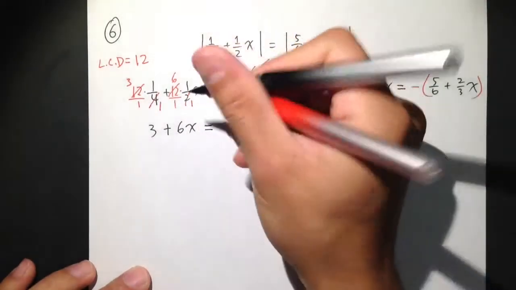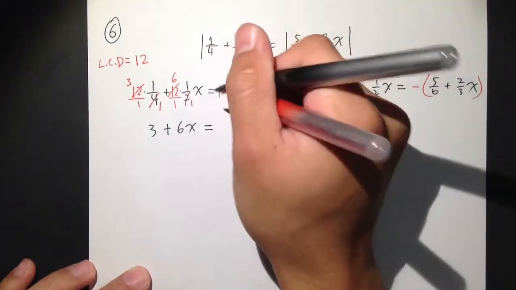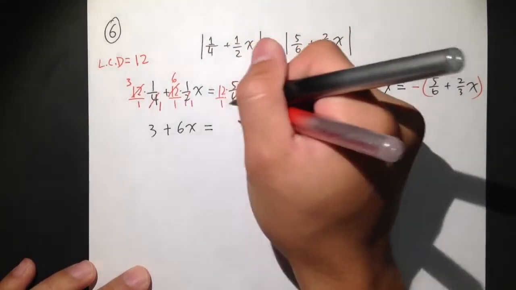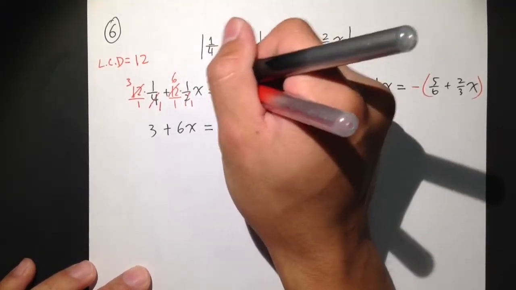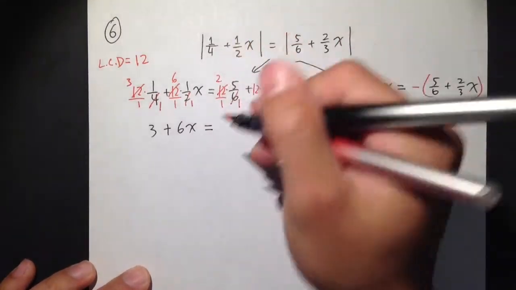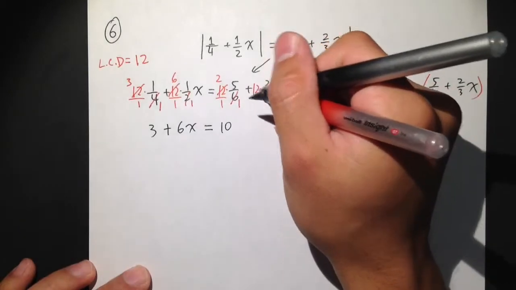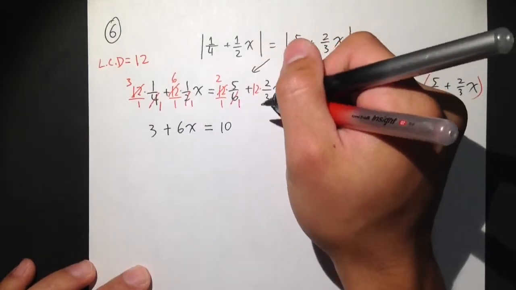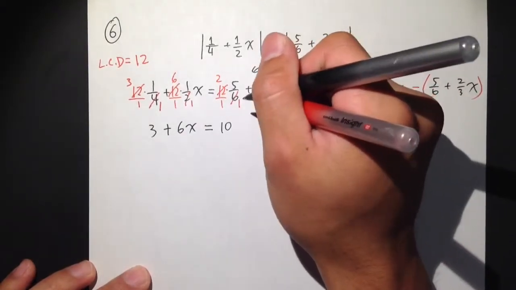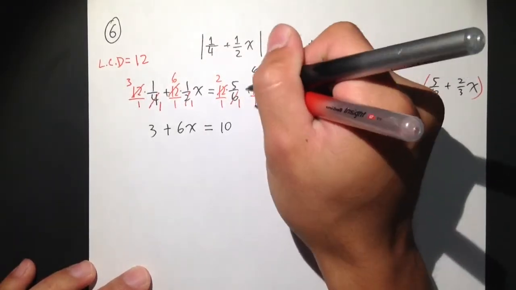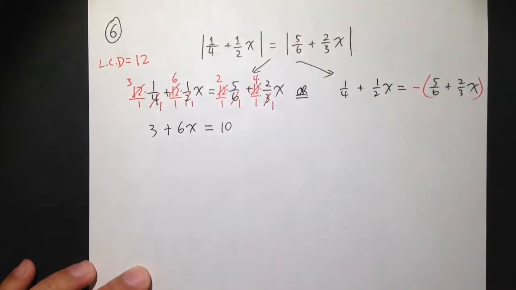Equals, here I have 12 times 5/6. Let's put a 1 under the 12. 6 goes into 6 once, 6 goes into 12 twice. 2 times 5 is 10. And then here I have 12 times 2/3. Let's put a 1 under the 12, and 3 goes into 3 once, 3 goes into 12 4 times.